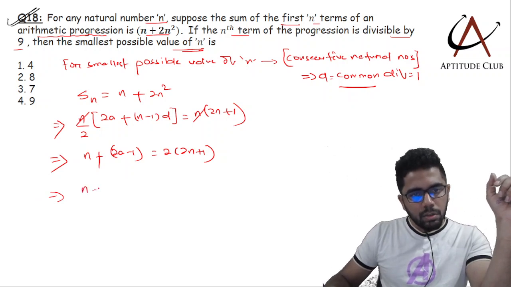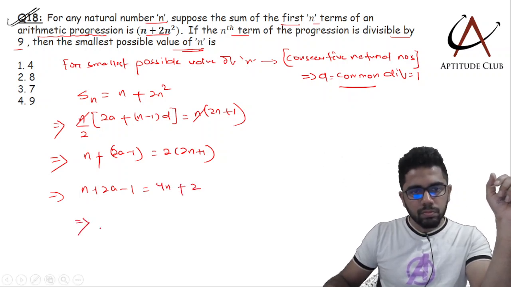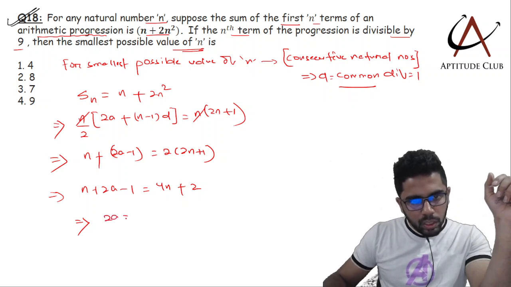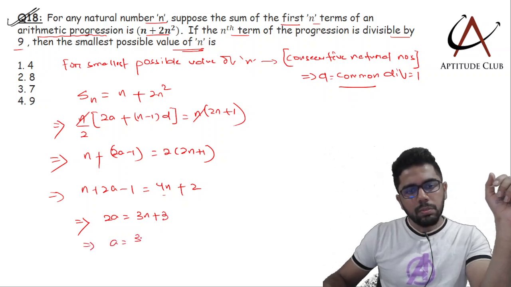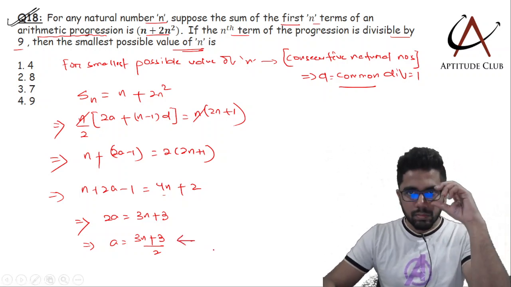So I get n plus 2a minus 1 is equal to 4n plus 2. Okay. So I can get here that 2a is equal to 3n plus 3, or a is basically 3n plus 3 by 2. I got the relation of a in terms of n.